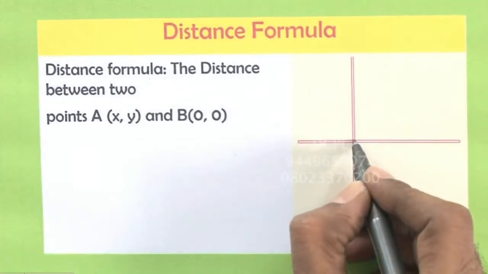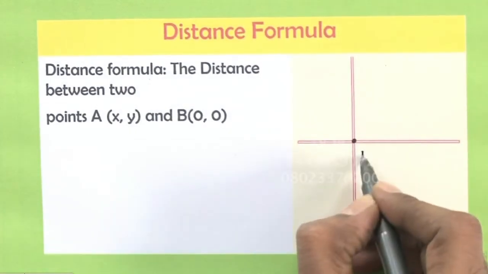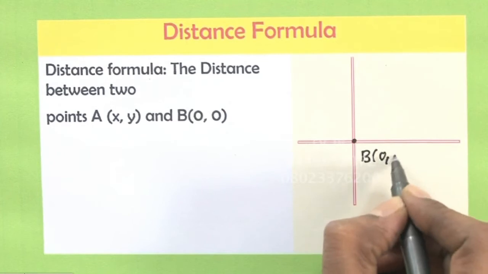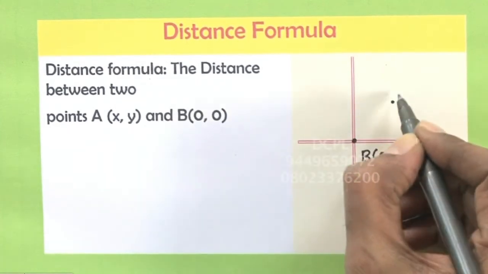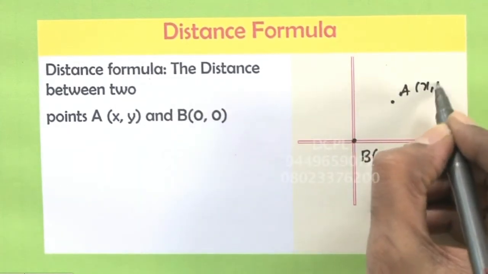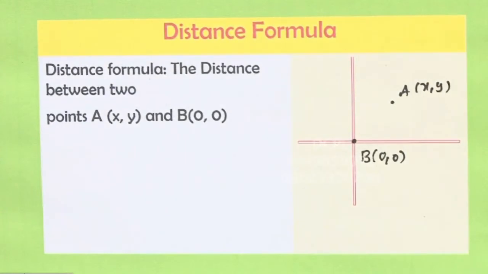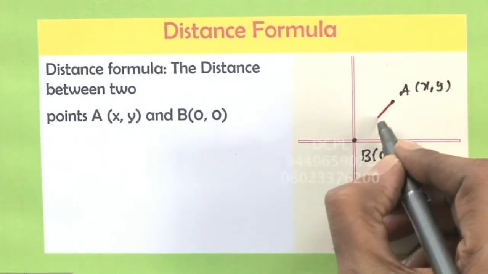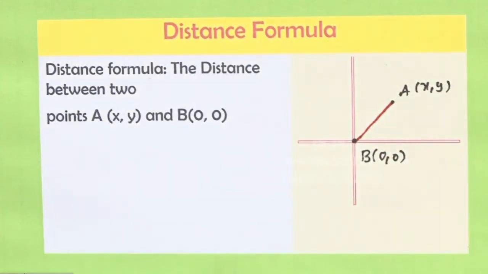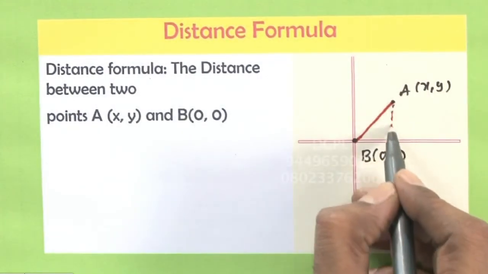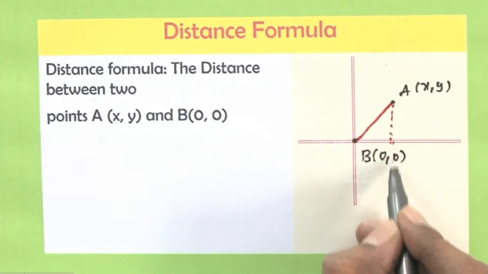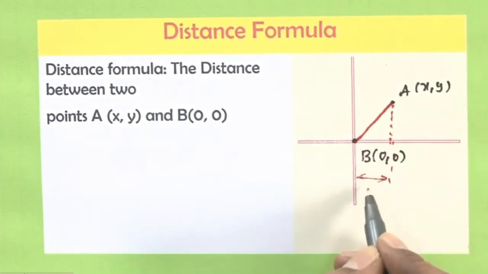This point is B of 0, 0. This point is A of x, y. And of course, you are asked to find out the distance between these 2 points. Do you agree with me? This distance is x. Is that correct?